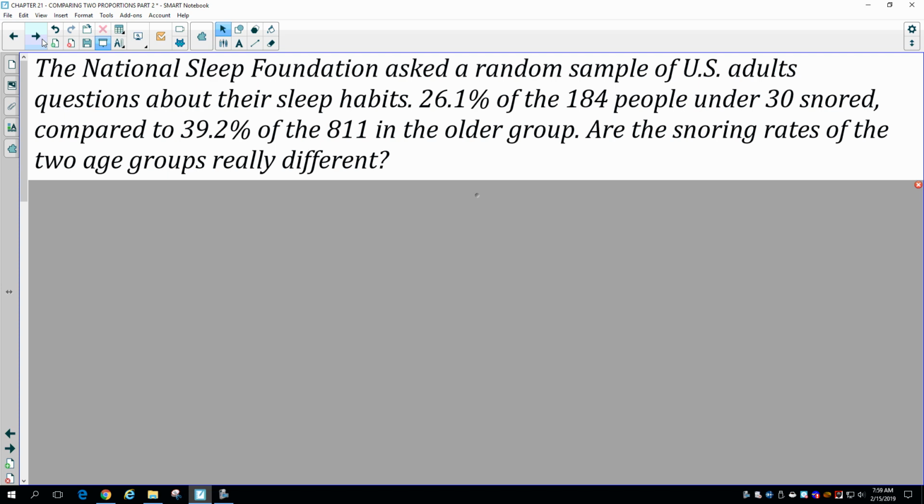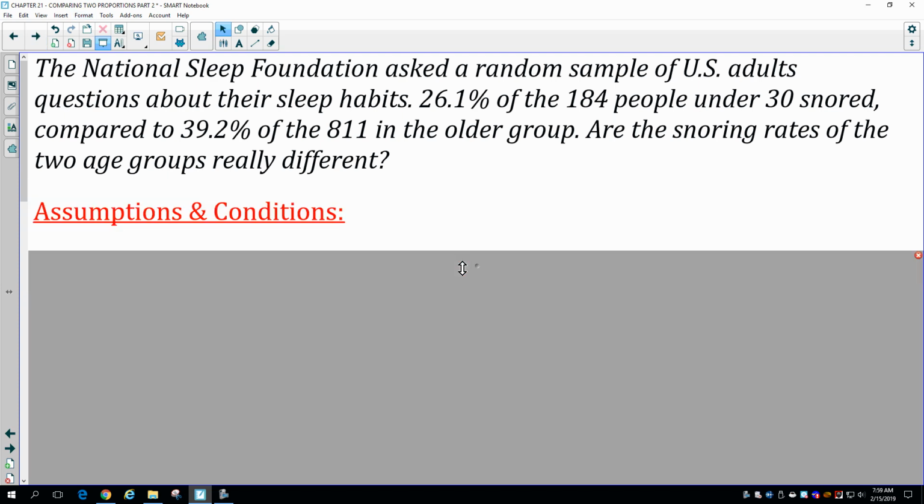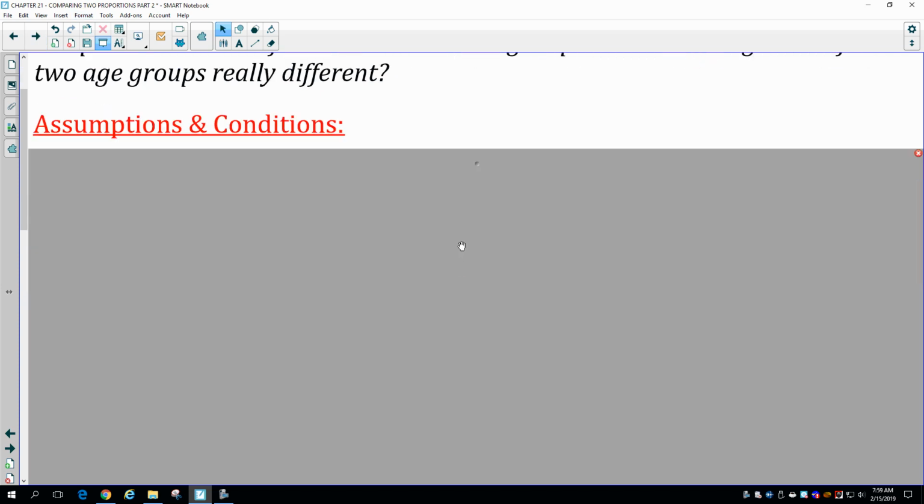They found that 26.1% of the 184 under 30 snored, and 39.2% of the 811 over 30 snored. What we want to know is whether the sample differences indicate a significant statistical difference in the age groups and whether or not they snore. So we need to check some assumptions and conditions, of course.